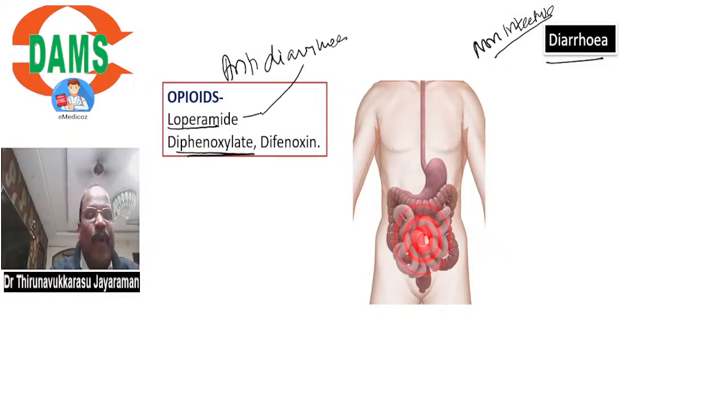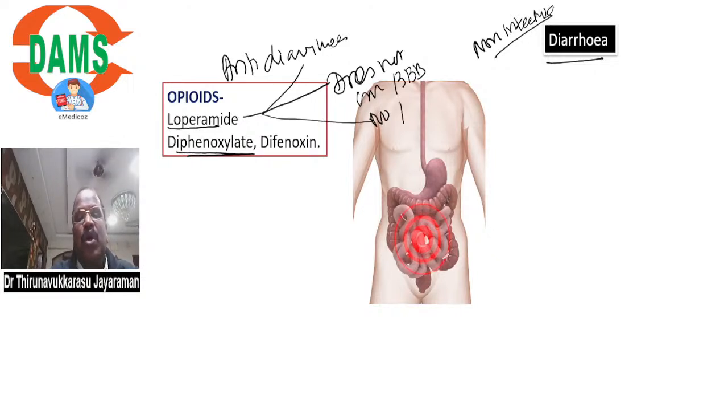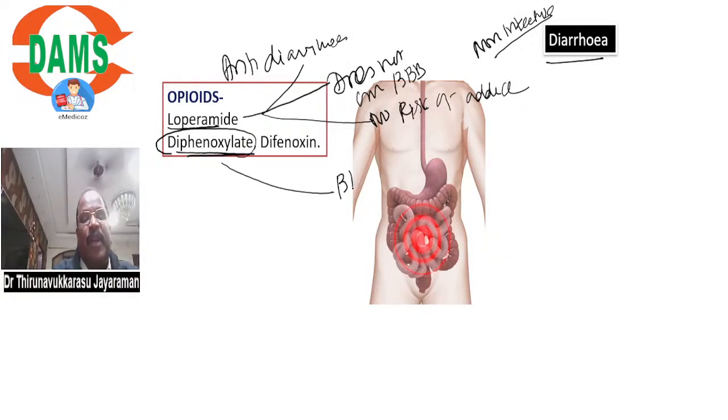Here, loperamide does not cross the blood-brain barrier, so there is no risk of addiction. Whereas difenoxylate can cross the blood-brain barrier, so it has a risk of causing addiction.